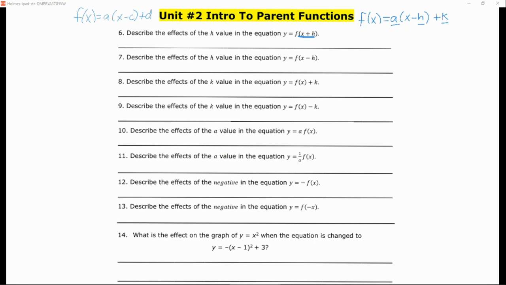So this function shifts h units to the left. I'm just writing it here so that I can move it and write it nicely for you guys. So when it's plus, it moves to the left. And if you notice, the next one is minus. So it's the same thing, except that it's moving to the right.